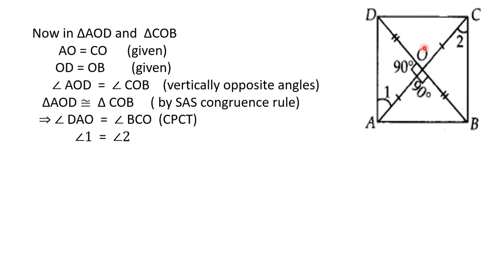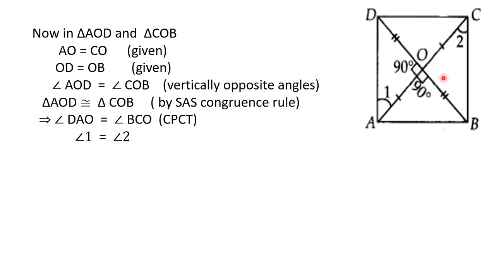For proving this, we take triangle AOD and triangle COB. These two opposite triangles we are taking. In these two triangles, AO and OC are equal, OD and OB are equal, and angle AOD is equal to angle COB as they are vertically opposite angles. So we can say triangle AOD and triangle BOC are congruent.